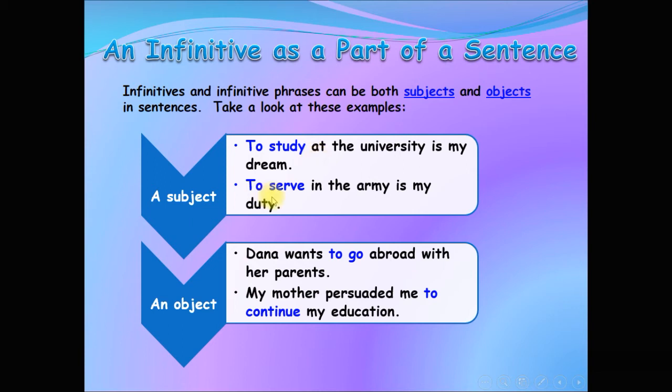Or as an object, Dana wants to go abroad with her parents. So this is followed the verb here. My mother persuaded me to continue. Okay, remember the pattern that we put a verb followed by a personal object and then followed by to infinitive.